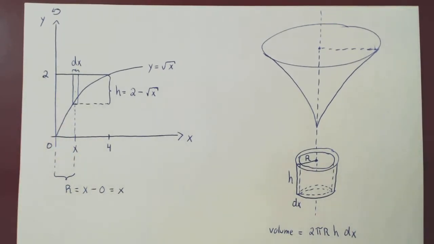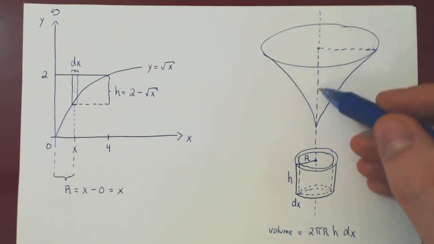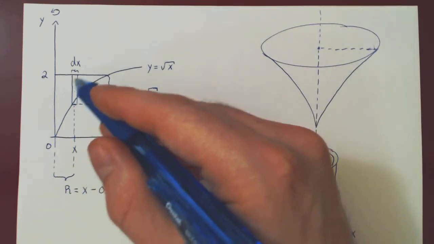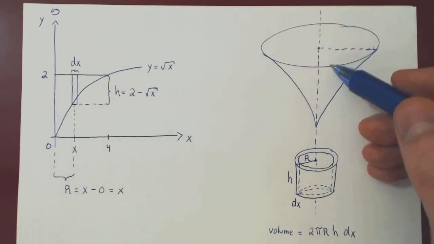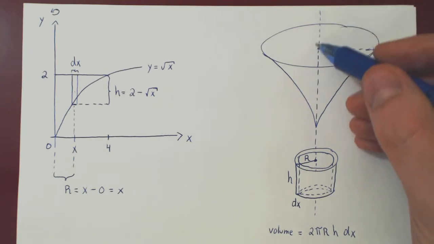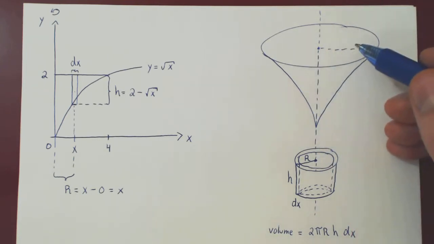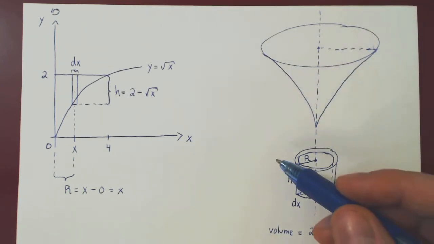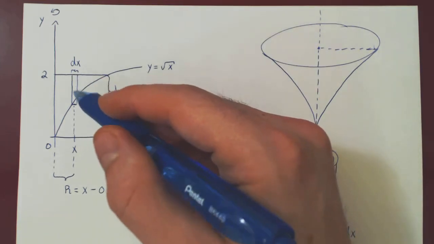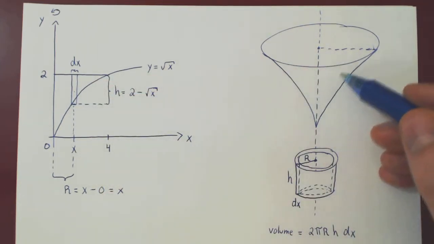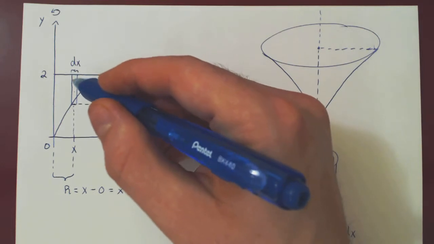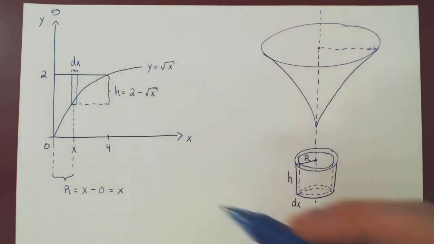Well, let's see, right? Here's the entire region in the xy plane, and as you revolve this entire region about the y-axis, the axis of revolution, you generate the complete solid. But now we take not the full region, but a little cross-section of it, a little vertical rectangle.